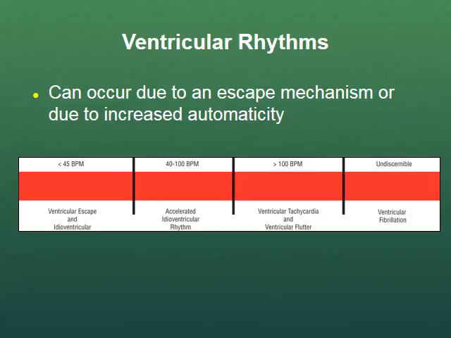Again, except for ventricular fibrillation, if you guys remember when we were talking about junctional escape rhythms, accelerated junctional escape rhythm, and junctional tachycardia, the only thing that distinguishes the three is the rate, and that's the same way with these 3 here. Whenever we're talking about ventricular escape rhythms versus accelerated idioventricular, the only difference is going to be our rate. And then the same with VTAC.